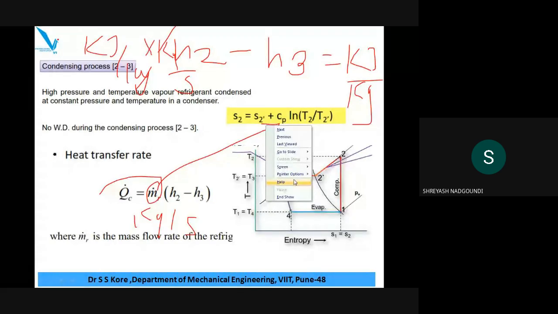So you can see there is some network problem in the college, so there may be chances of the connection getting lost. Okay.